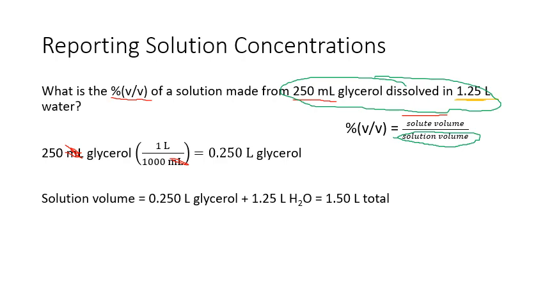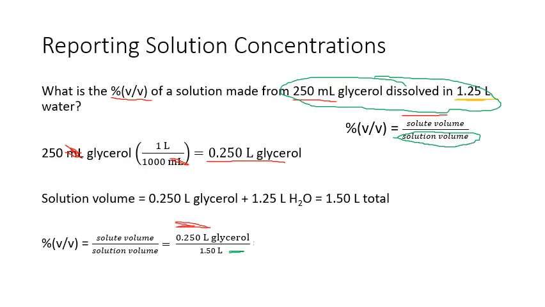So we take our total solution volume, 1.50 liters, put that down here on the bottom, and then we take our solute volume, which in this case was 250 milliliters or 0.250 liters. So we put that number over here. We have our amount of solute divided by our solute plus our solvent, which gives the total volume of the solution.